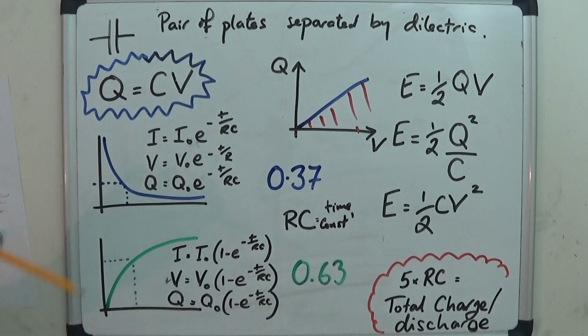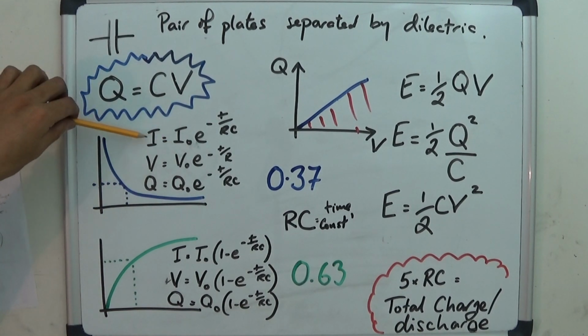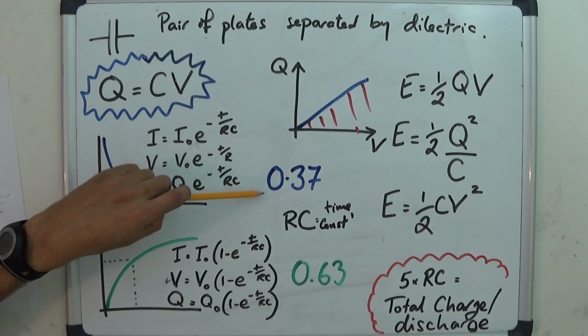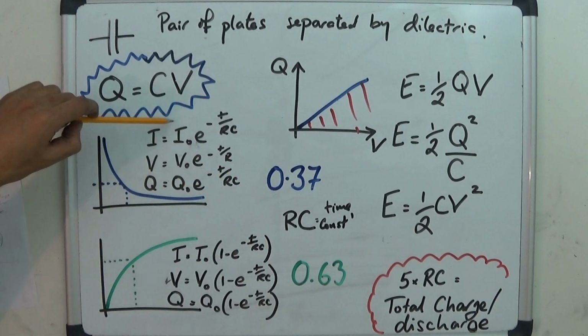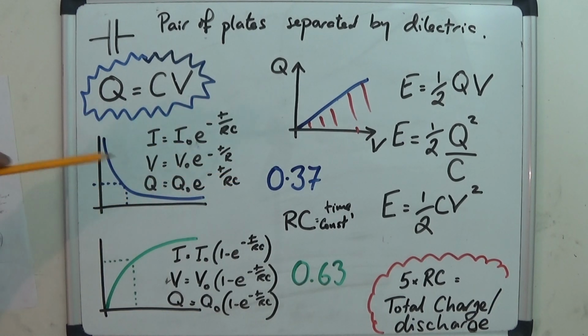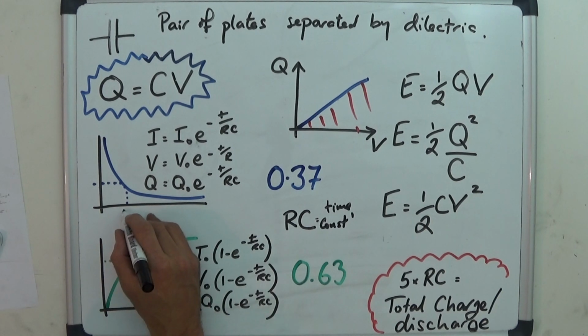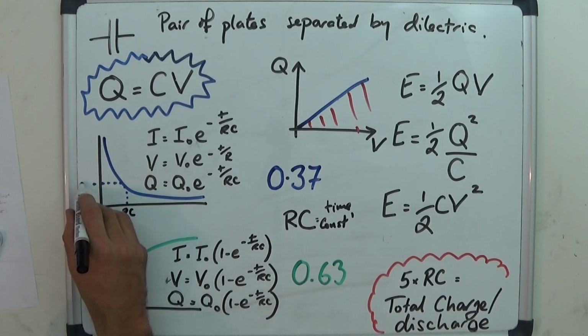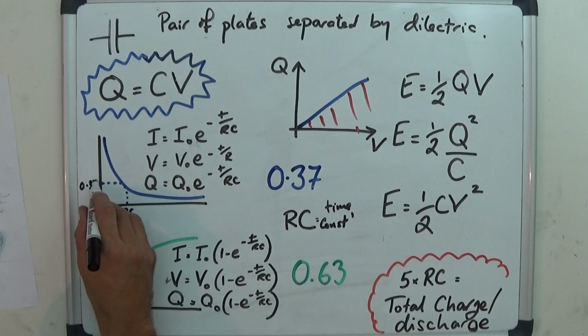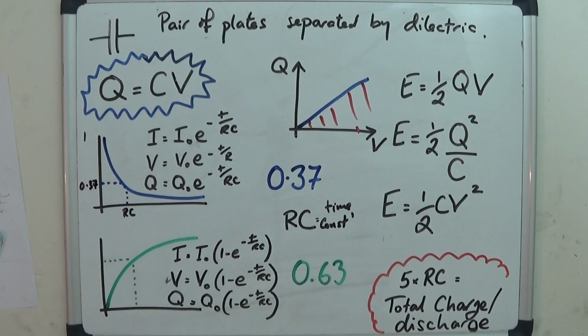That means when the current value is 0.37 times the initial value, you are at the time constant. That will be RC, and this will be 0.37 of the full value, if that's 1.